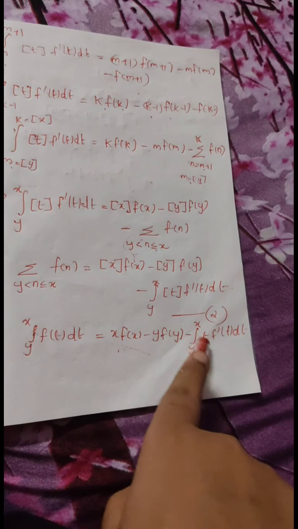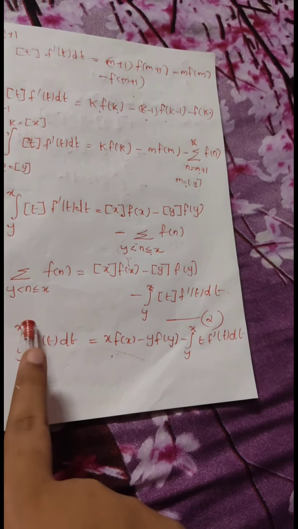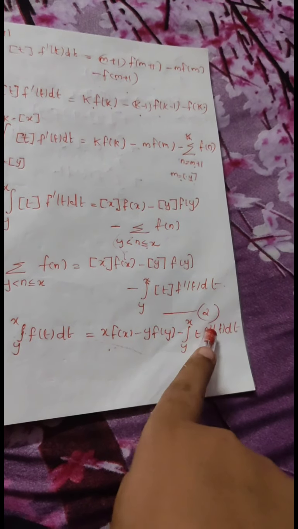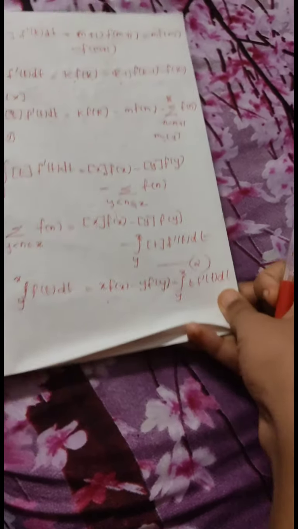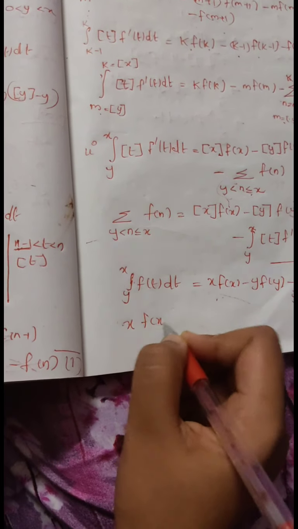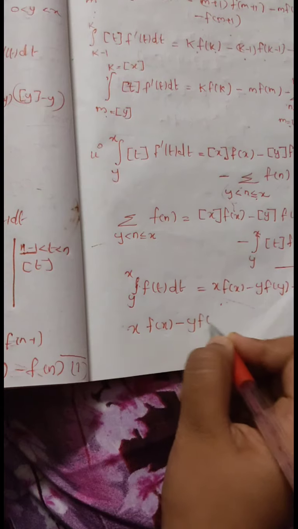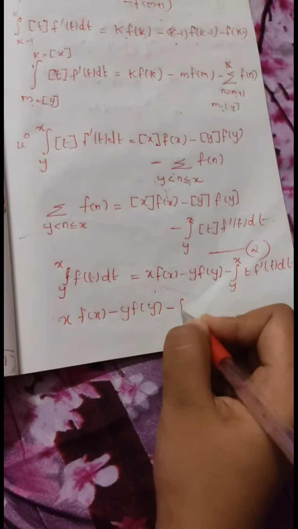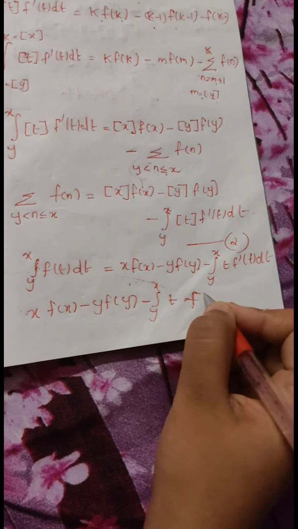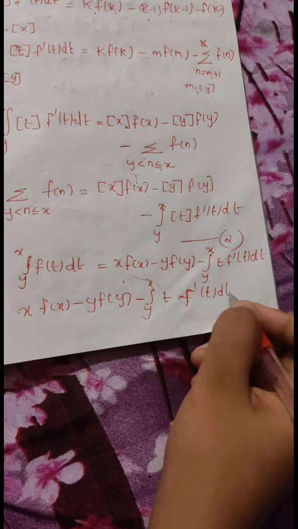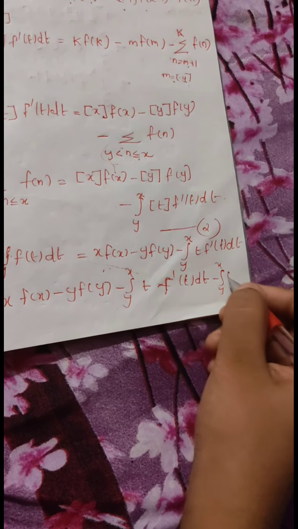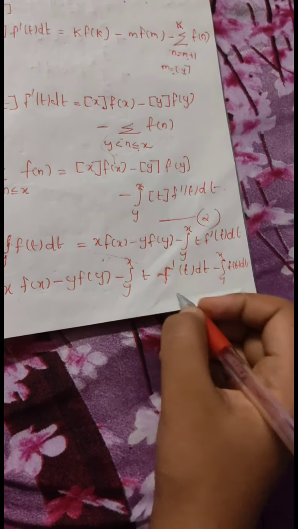Now when we subtract the integral from y to x of f of t dt from this value, what do we get? It is equal to 0, isn't it? So I can write x f of x minus y f of y minus the integral from y to x of t f dash of t dt minus the integral from y to x of f of t dt equal to 0.